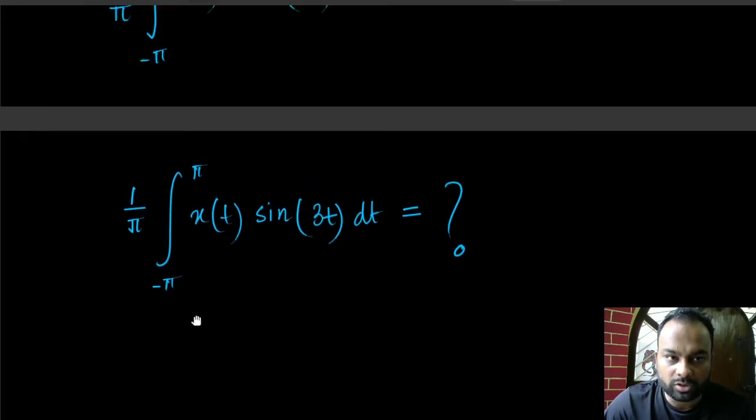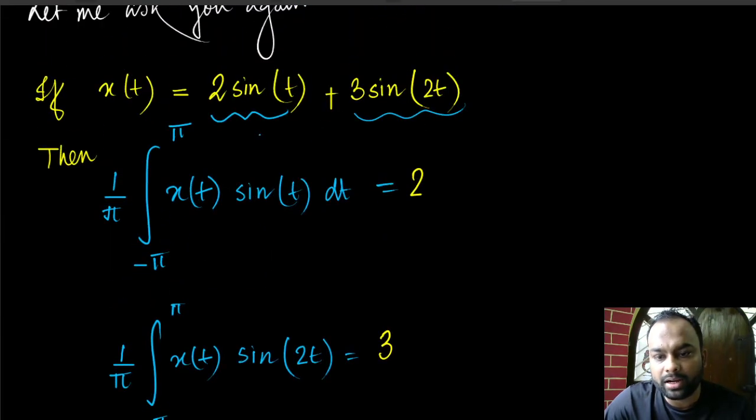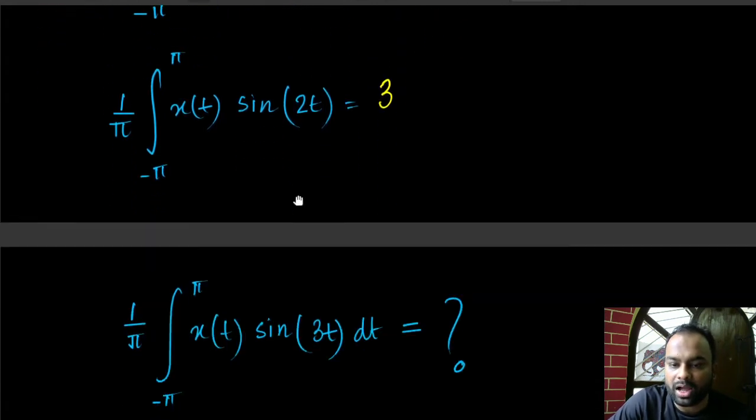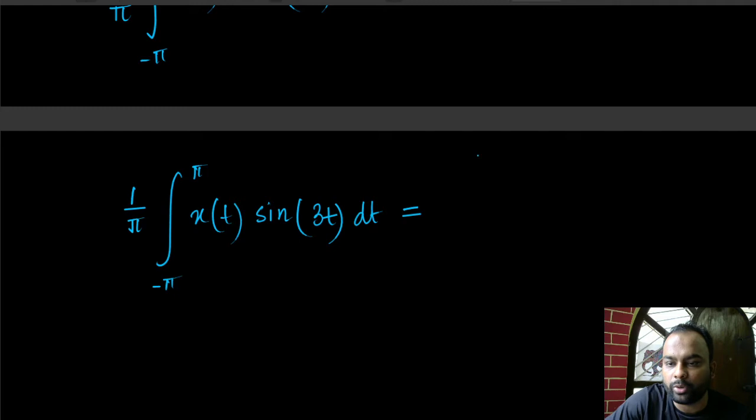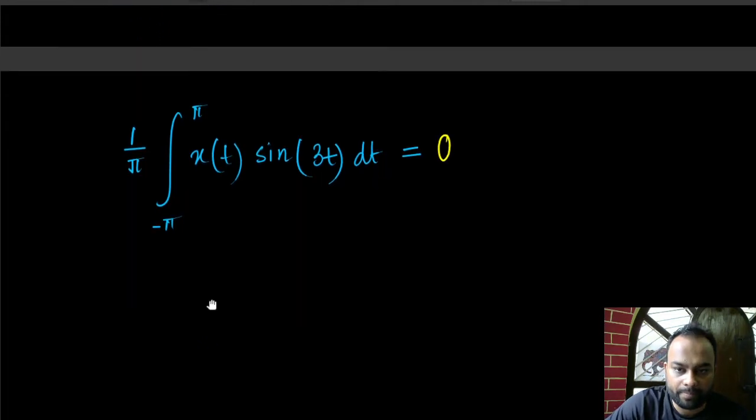Yes, of course 0, because look carefully, we have a sin t. So if I multiply the signal with sin t, integrate from minus pi to pi and divide by pi, I would get a 2. I also have a sin 2t component, so again if I multiply with sin 2t, I am going to get a value, but I don't have any 3t component, right? So of course because of that this is going to be 0, and so on.